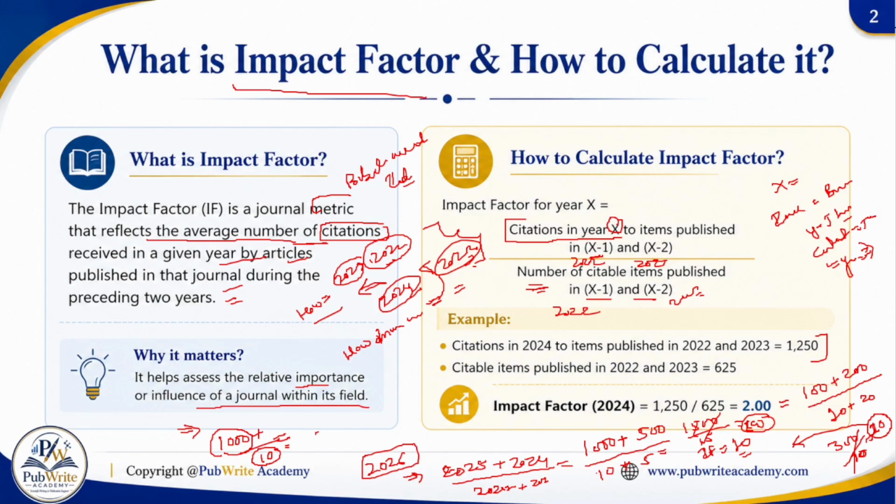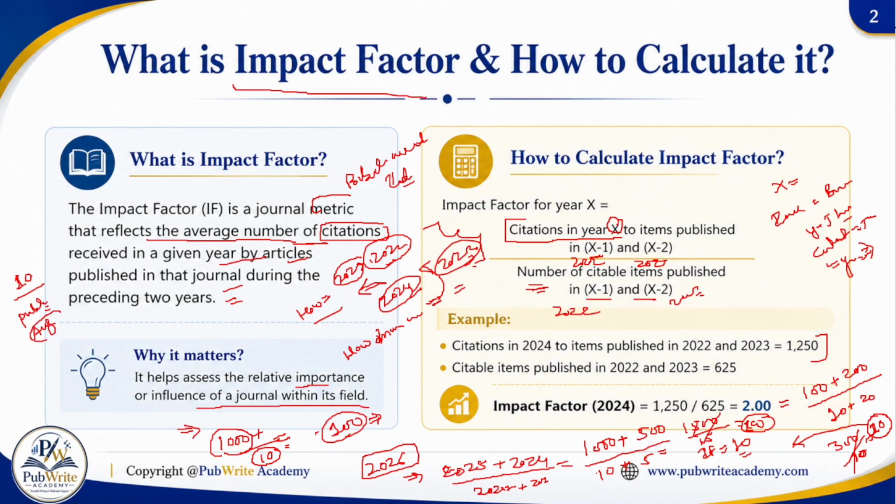Every paper published in that journal receives, on average, 10 citations.